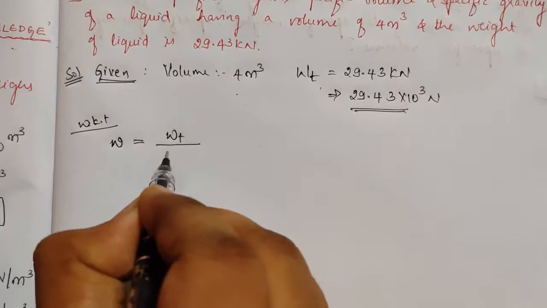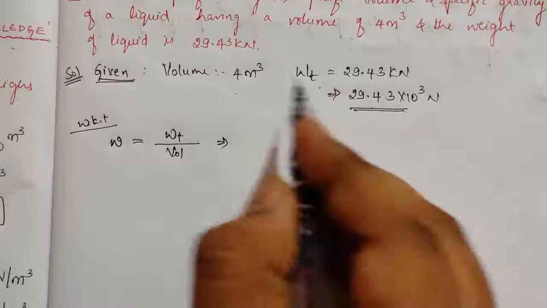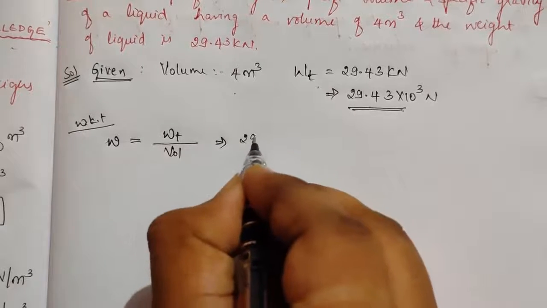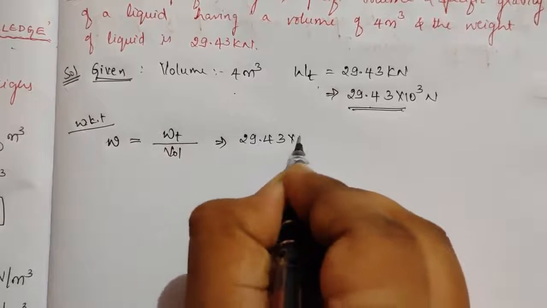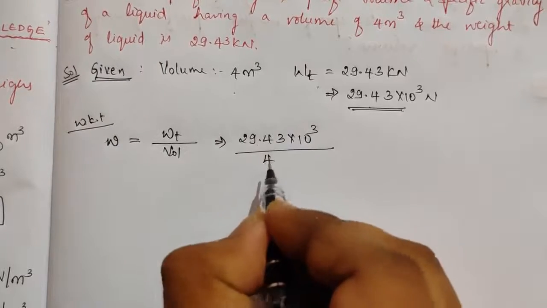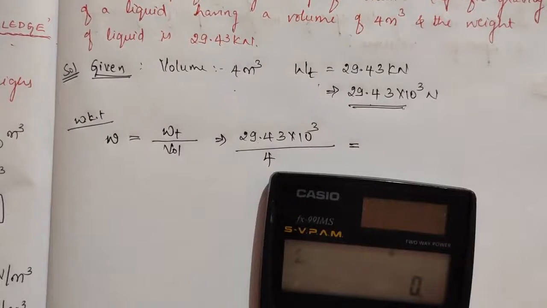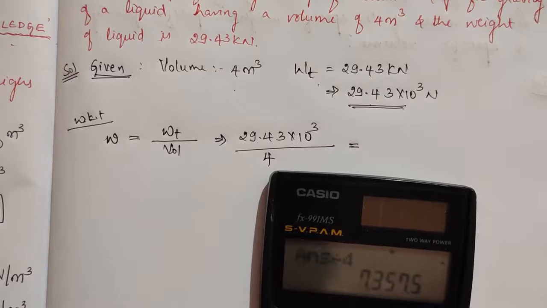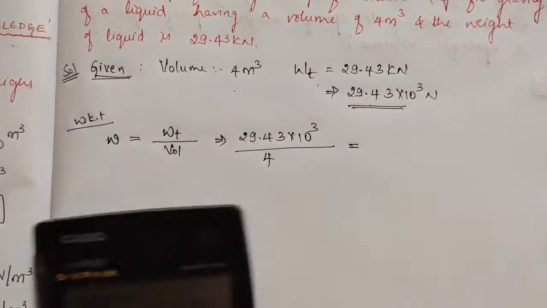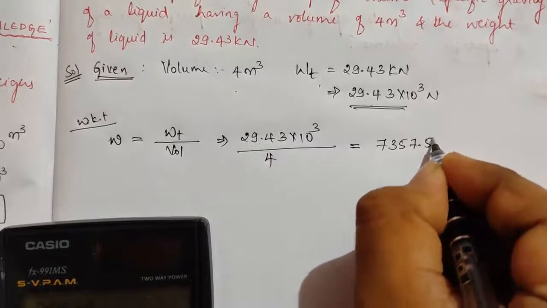So weight by volume. What is weight? 29.43 into 10 power 3 divided by volume, 4 meter cube. When you substitute, 29.43 into 10 power 3 divided by 4, you get 7357.5.